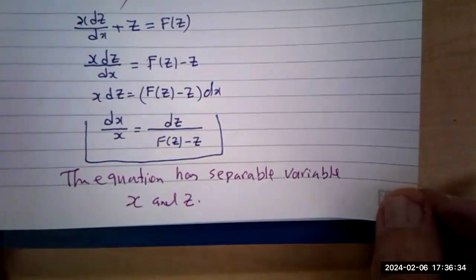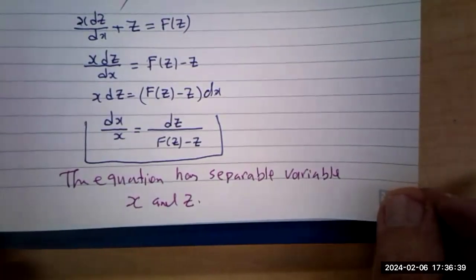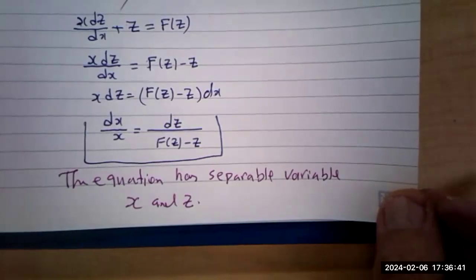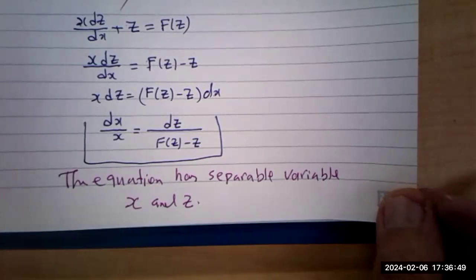Integrating. The integral of the left is very easy. What's the integral of the left one? ln x, ln of the absolute value of x. The integral on the right, you have to find it. It depends on the f of z that you're going to create in each problem. You have to bring it down here. It's going to be a rational function.